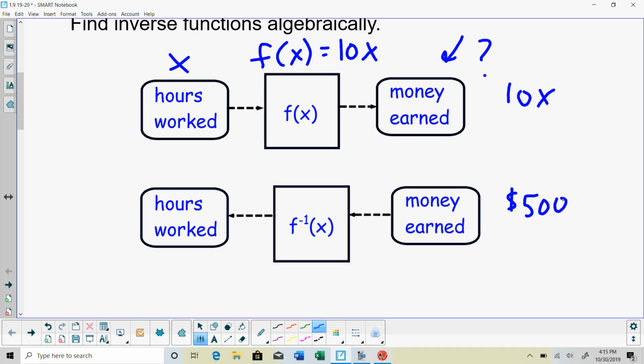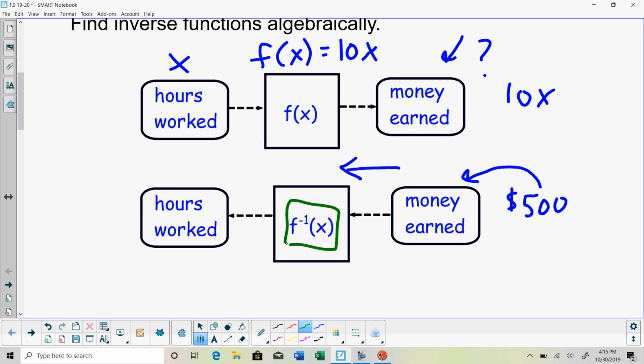Then to figure out how many hours you'd work, you're going to enter the money that you want to earn, and this time we're going this direction and we're going to make an inverse function, and we denote that with a little -1 after the f. And then we want our output to be how many hours we would need to work.